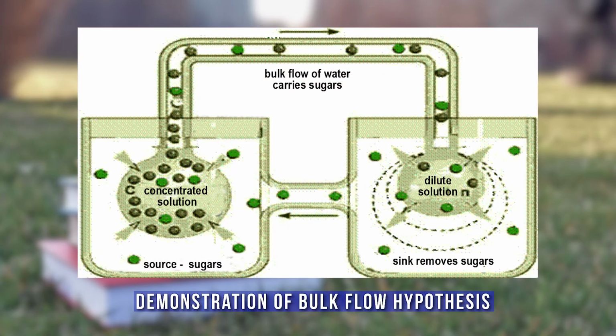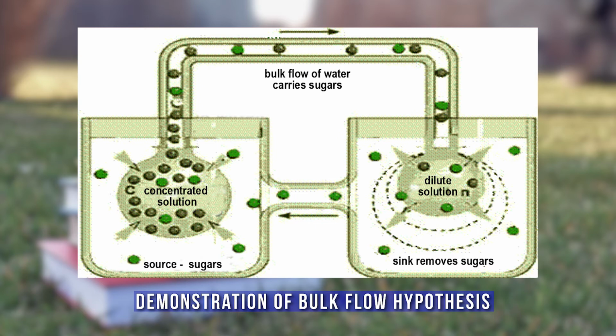Another interesting theory, proposed by Munch, is the bulk flow hypothesis. The bulk flow hypothesis ideally explains the movement of water molecules along the xylem and the movement of sugar along the phloem. There is a concentrated solution and a diluted solution in two definite flasks, which are kept in a particular tumbler and interconnected with a side tube.